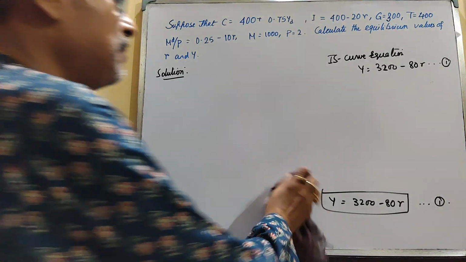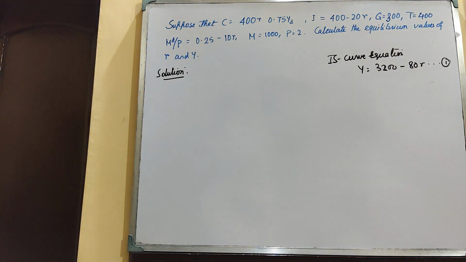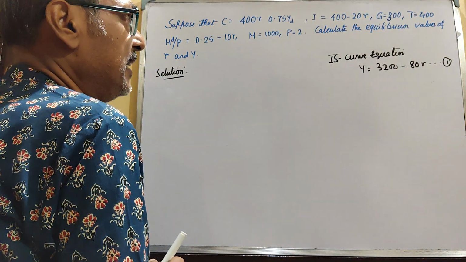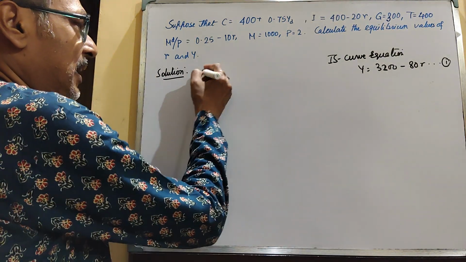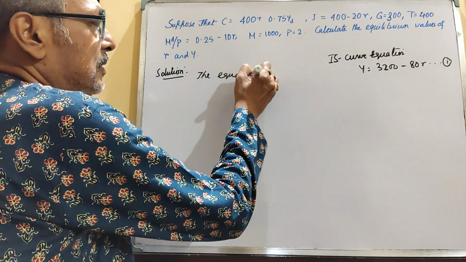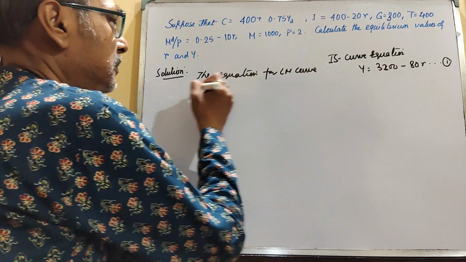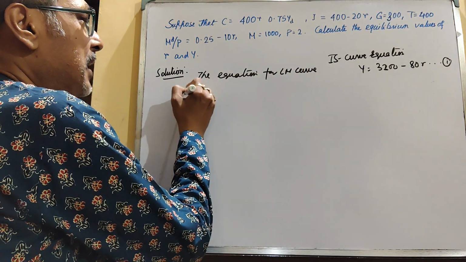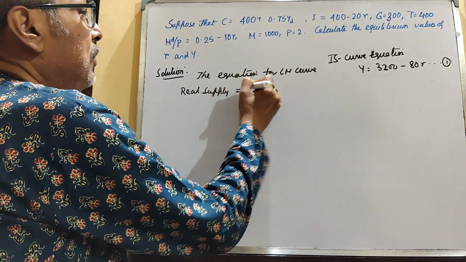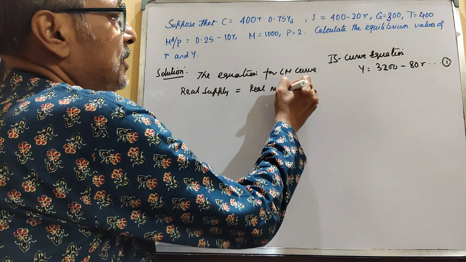The equilibrium condition in the money market, or LM curve, is real demand for money equals real money supply. The equation for the LM curve: real money supply equals real money demand.